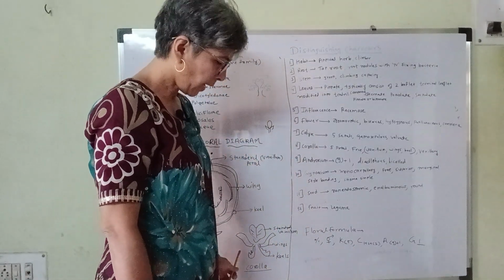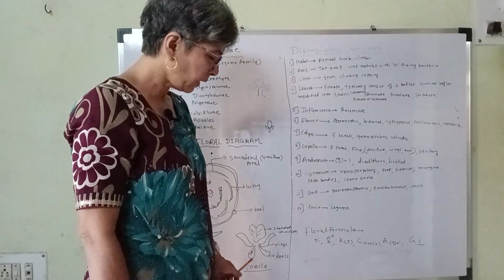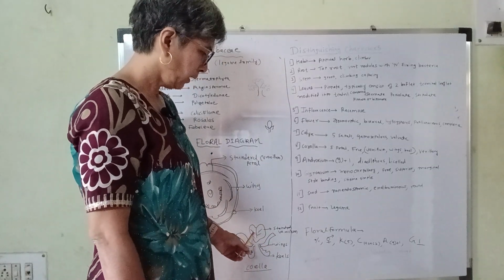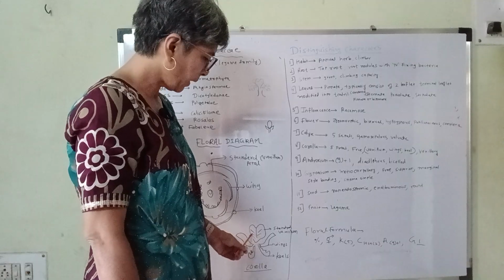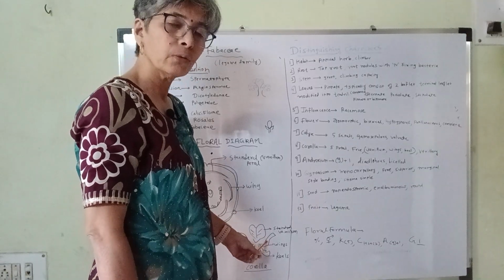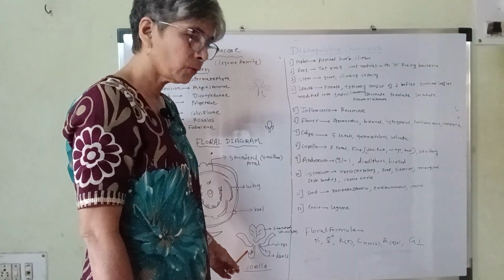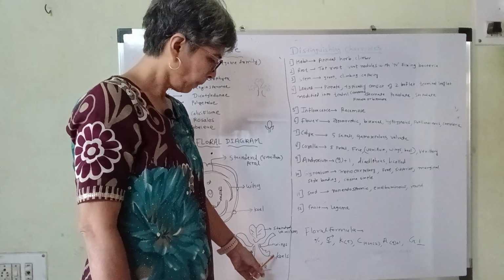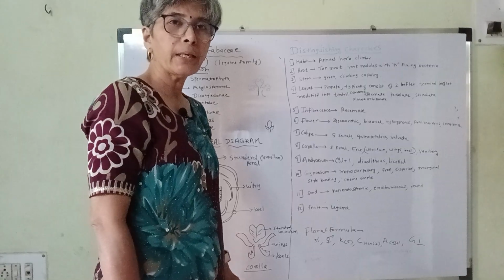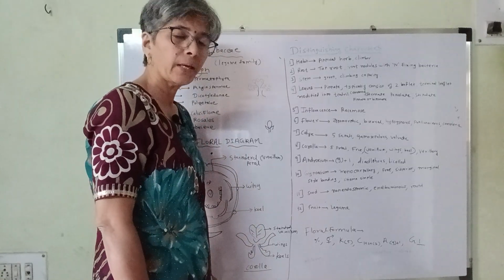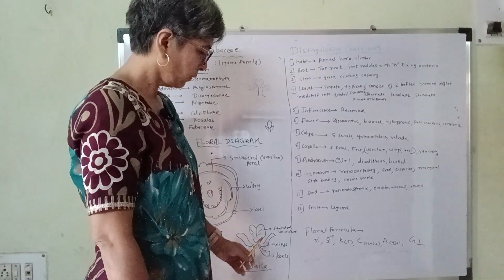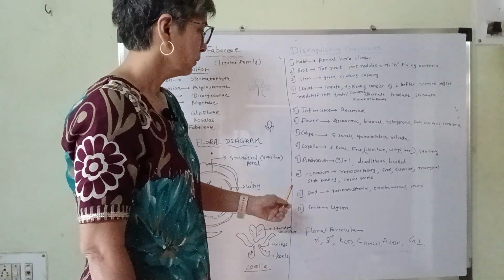I draw the diagram here, the vexillary estivation of corolla. See, this is posterior petal, it is overlapped with two wings, which in turn overlap with two united keels. Okay, this is the whole arrangement of corolla.